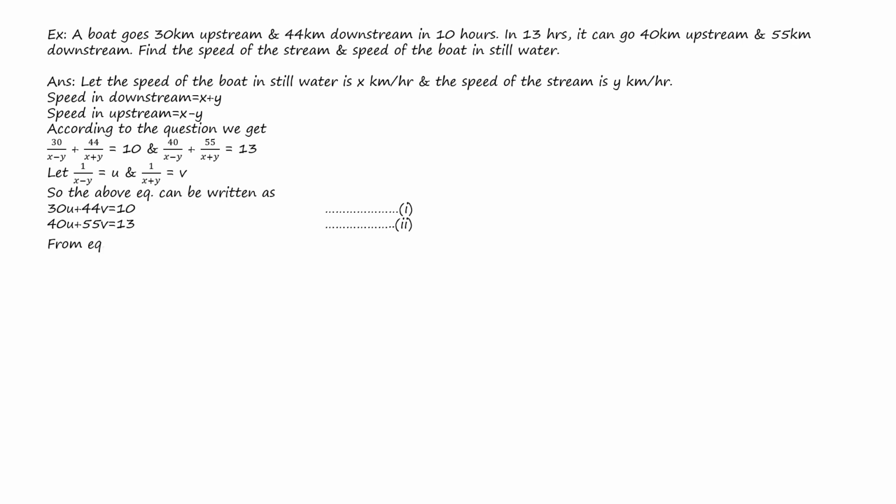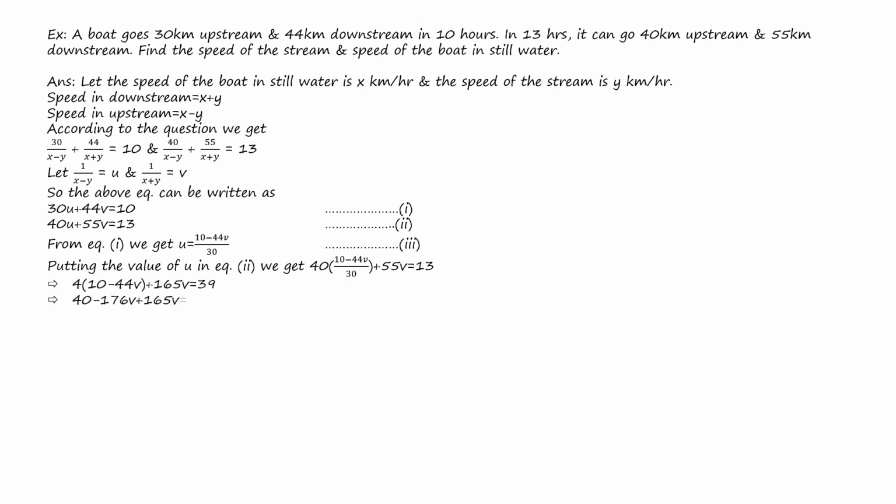That means 40 by x minus y plus 55 by x plus y equals 13. Let 1 by x minus y equals u and 1 by x plus y equals v. So the above equations can be written as 30u plus 44v equals 10. Let this be the first equation, and 40u plus 55v equals 13. Let this be the second equation.